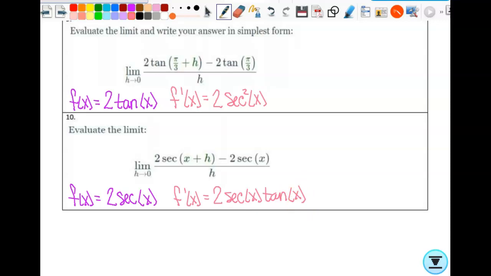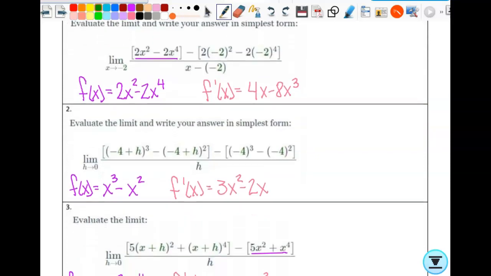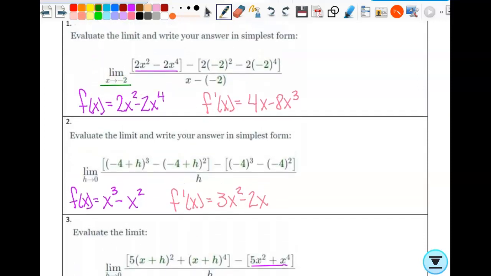Now flip it back over to the front. Now we have to decide, so each one of these, no matter what, we had to find f of x, and then we found the derivative, right? Because the limit is the derivative. And so really the pink part is the derivative itself. Then you have to decide whether or not you're evaluating this at some number. Well, this one's real clear, right? It's at negative 2. So we want to do f prime.